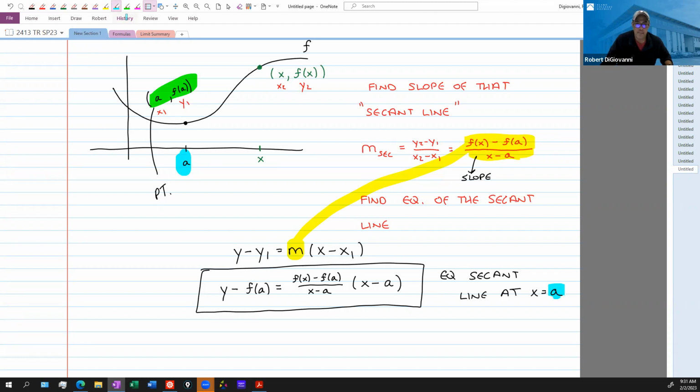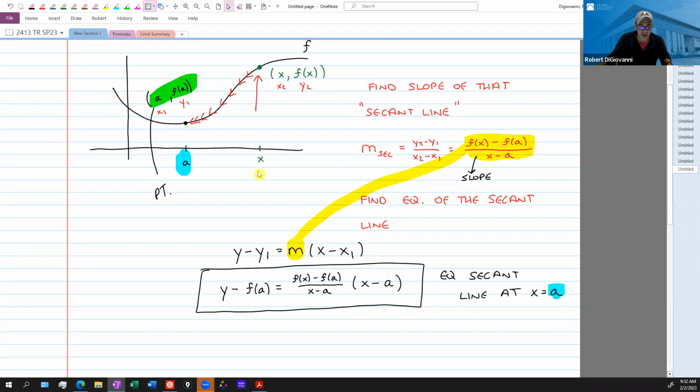All right. Now, remember I said what we want to do is take that point on the right and slide it over and get it closer and closer to the black point. We want to move it over. And if we could put them right on top of each other, our formula is going to fall apart, isn't it?